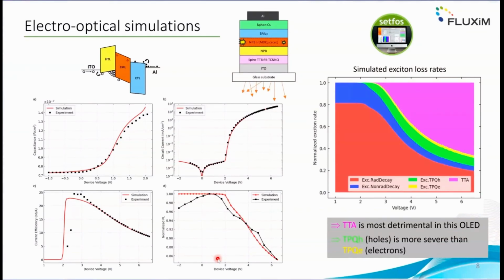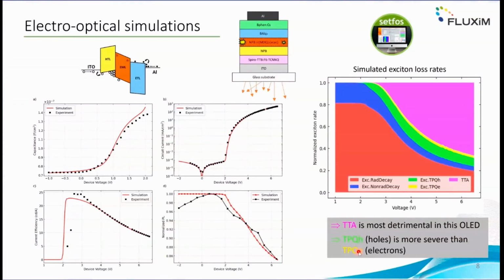And with our drift diffusion and optics software SETFOS, we can reproduce all of these curves, and it turns out that capacitance, JV, and efficiency roll-off, you can find parameters to describe those, but it's not always a unique set of model parameters, but the use of this additional experimental data set, the PL dependent on the voltage, allows us to better nail down the parameters that are responsible for this drop off here.